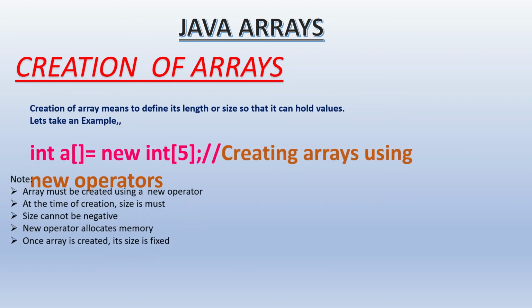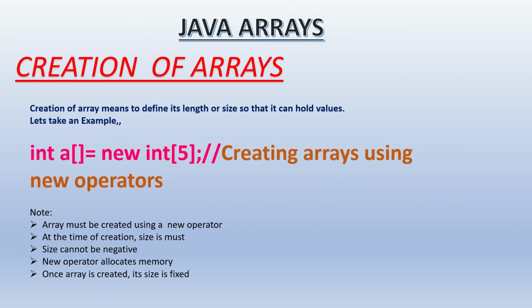After declaration we can create an array. Creation of an array is done by the new operator. The new operator is a special operator in Java by which we can create an array or create objects. In Java, an array is considered an object, keep in mind. The new operator is used to allocate memory when objects or arrays are created.